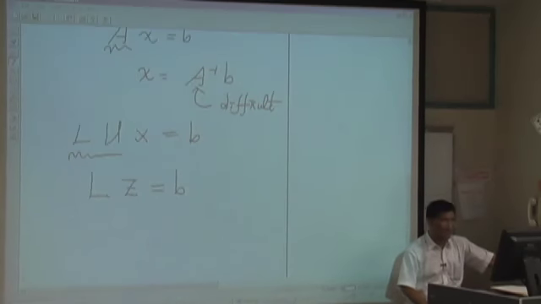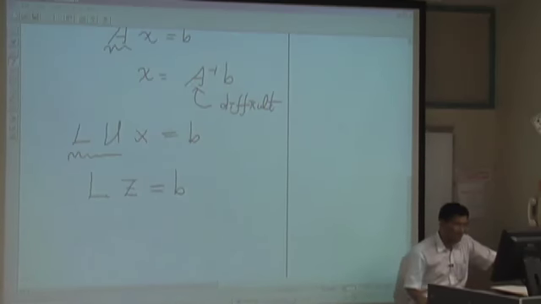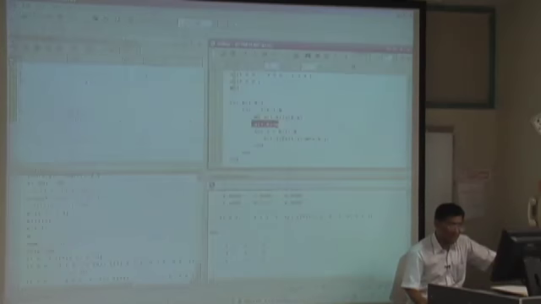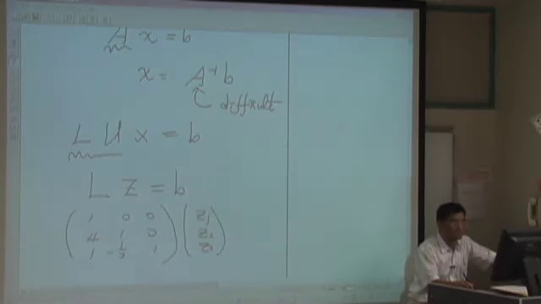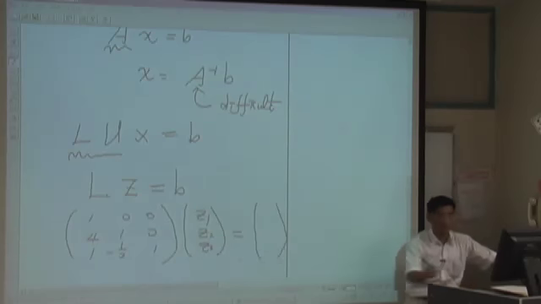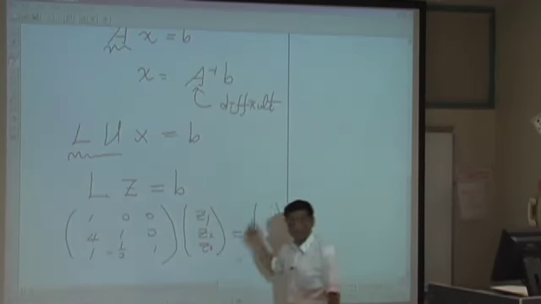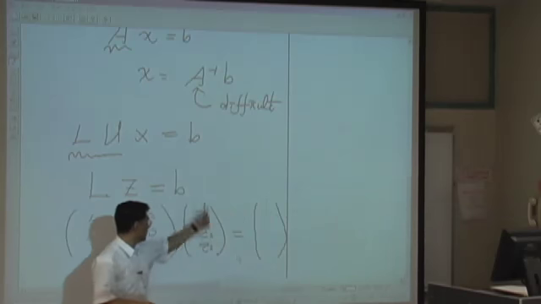In the previous case, L is 1, 4, 1. Anything can come on the right hand side, right? Any set of numbers can come on the right hand side.